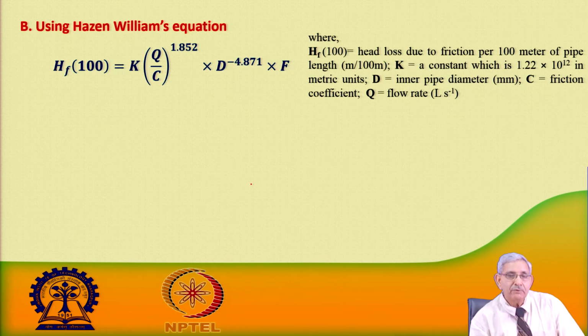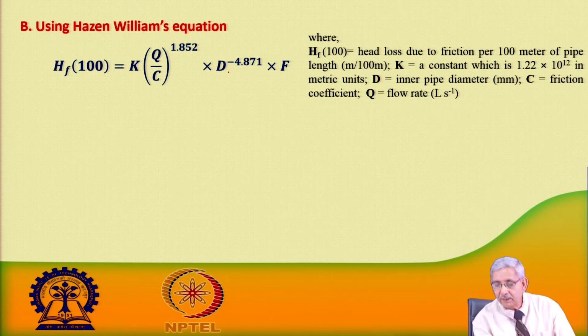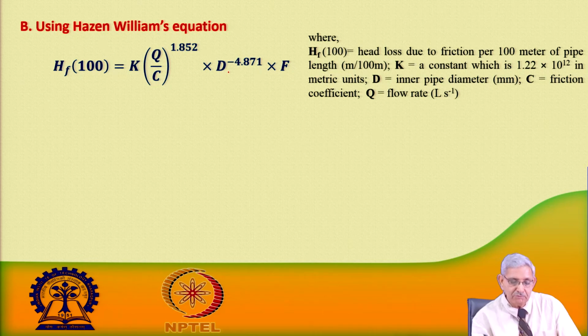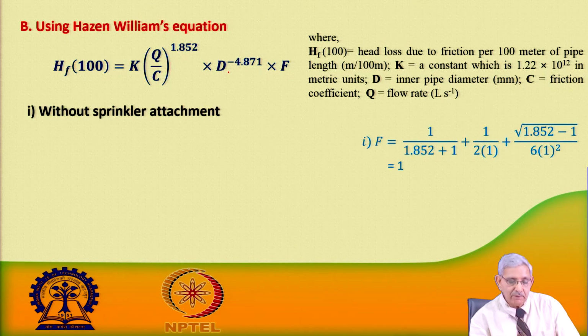Now, given the same problem, but using the Hazen-Williams equation for a 100 meter long pipeline, which can be given by K, this is the unit constant, and then Q by C, Q is the discharge, C is given, that is 140, and this discharge is in liter per second, D is the diameter of pipeline in millimeter, and F is the reduction factor. So, this is the equation for a 100 meter long pipeline.